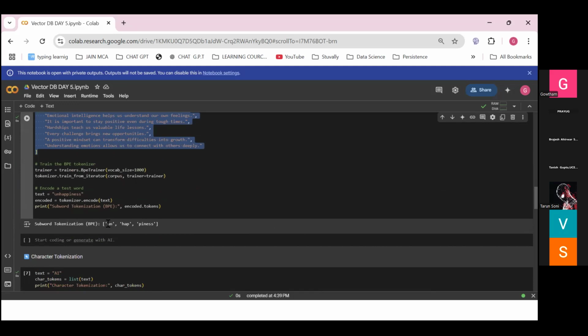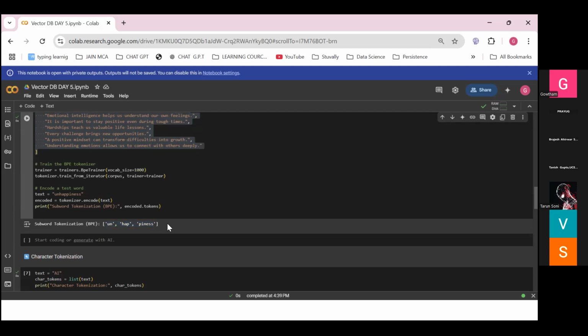Okay, so these kinds of problems are very hard to identify, even your model could not identify them. This is the kind of hallucination that happens in LLMs when you ask any kind of question, because happiness has its own separate meaning, and un also has its own separate meaning.